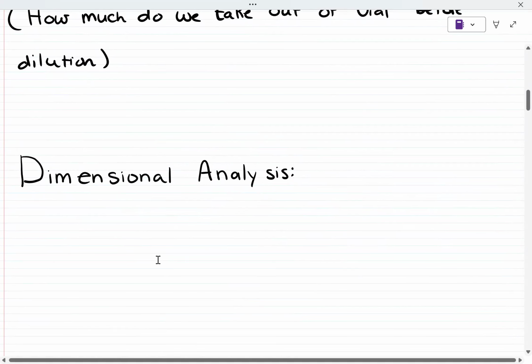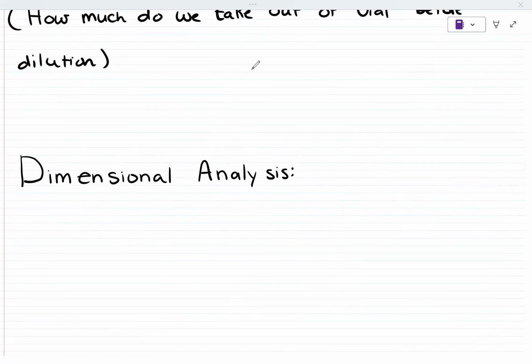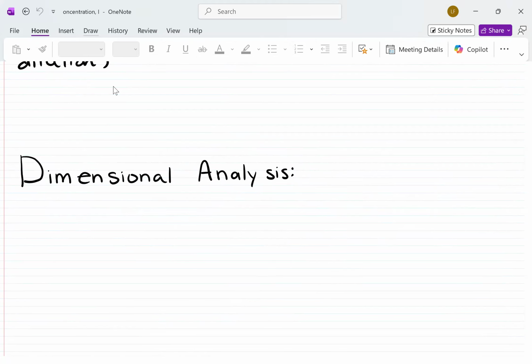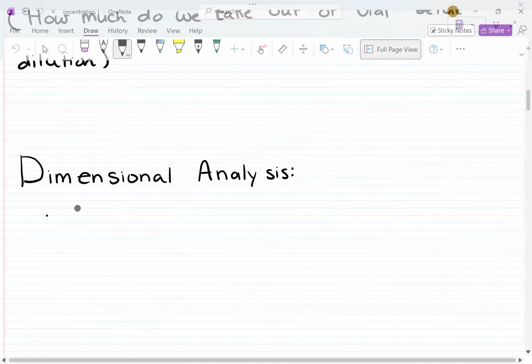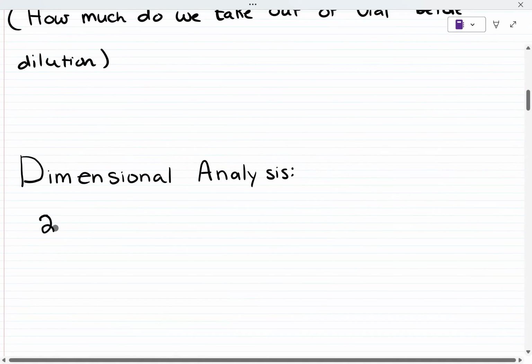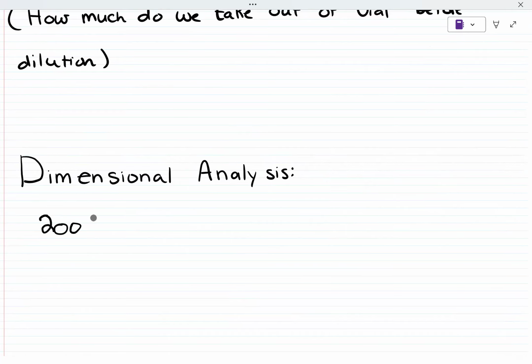With dimensional analysis, you always start with what you're given. So we were given 200 milligrams times, and our final answer has to be in milliliters.